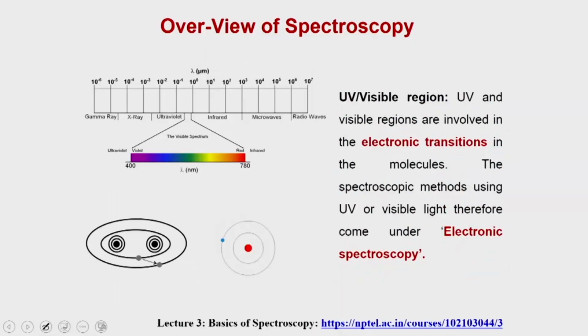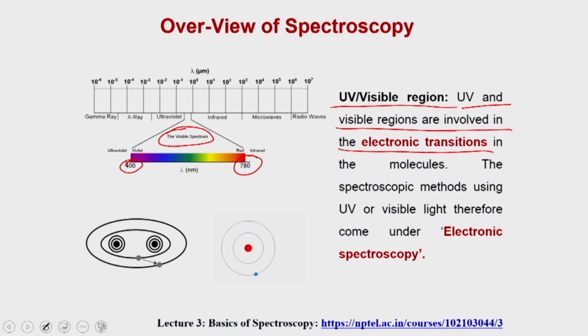Now, the fourth is the UV visible region. The UV visible region, as I said, is the visible spectrum. It starts from 400 nanometer and goes up to 780 nanometer, and it is involved in the electronic transitions in the molecules. UV spectroscopic methods using UV or visible light come under electronic spectroscopy.